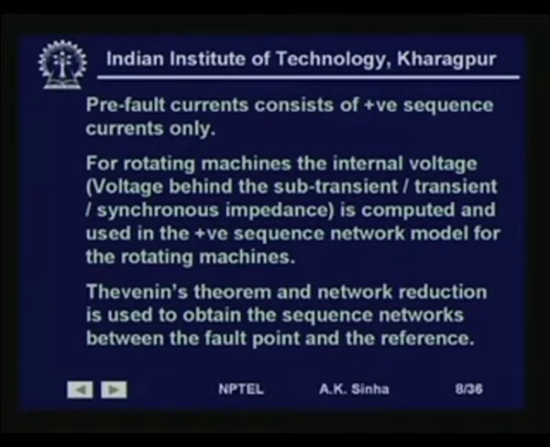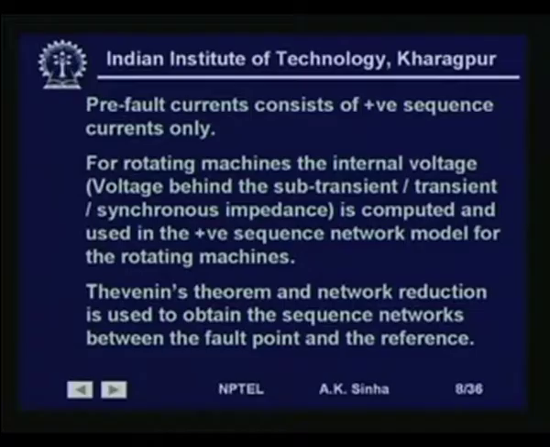Now, as we have said earlier, before the fault occurred, the system works as a balanced three-phase system. Therefore, pre-fault current consists of only positive sequence current, because in the pre-fault condition the system is balanced and only the positive sequence network has the voltage sources, whereas the negative and zero sequence networks do not have any voltage source.